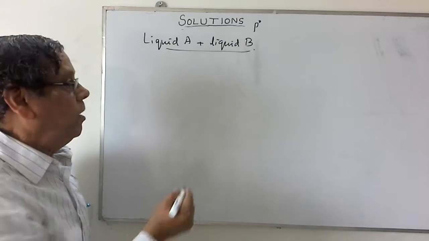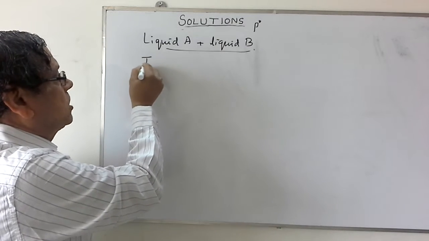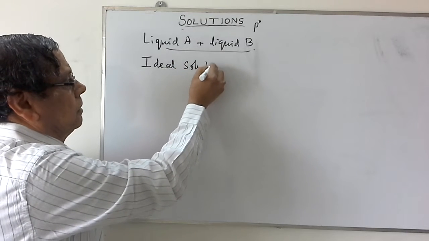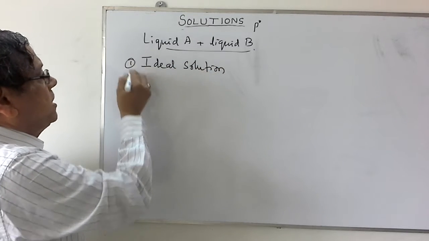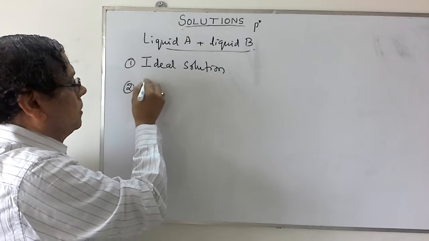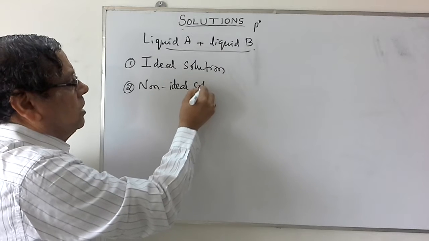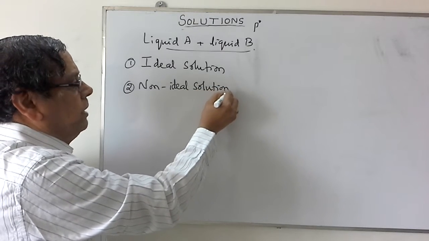Now when we consider this liquid A in liquid B, then we have three types of solutions. One type of solution is called the ideal solution. The second one is called the non-ideal solution. In this non-ideal solution, again we have two types.